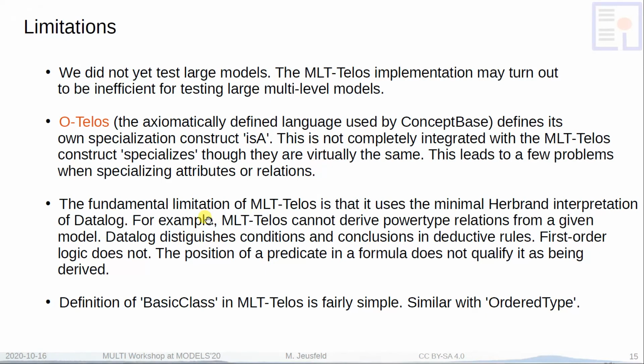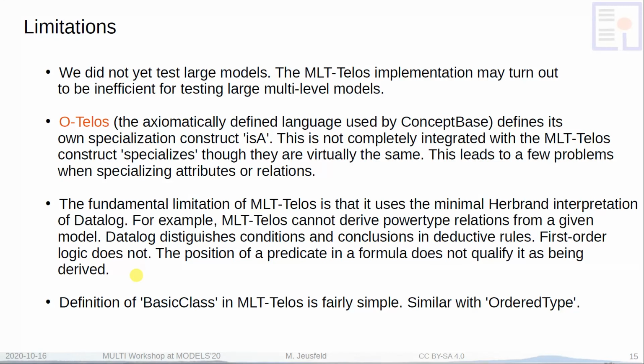The more fundamental limitation is that MLT-Telos uses a minimal Herbrand interpretation. So MLT-Telos cannot derive power type relations from a given multi-level model, whereas MLT star can do that. MLT star doesn't really favor the position of a certain predicate.